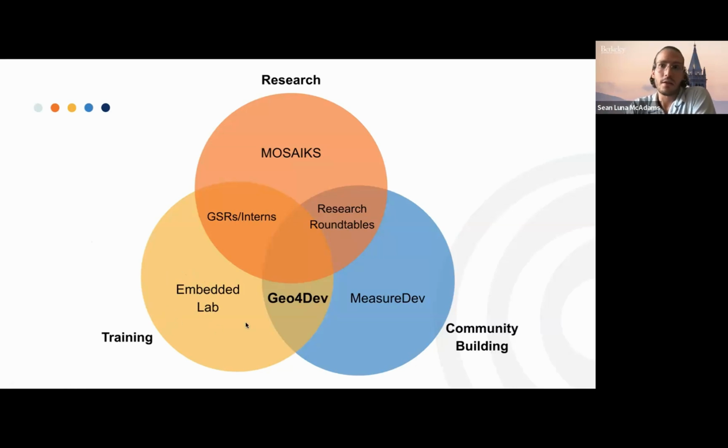The goal is to send postdocs from Berkeley to work directly with a data science team embedded within the Togolese government, to co-create solutions to particular data challenges that they have, in order to transfer capacity to local actors, so that they can take advantage of these tools and data types.